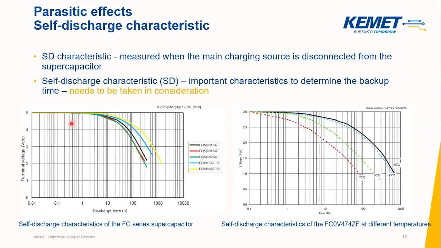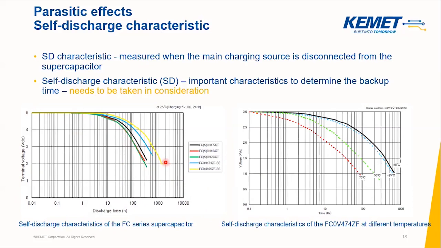We usually provide the self-discharging graphs for the different capacitors and part numbers. It is important to determine the backup time and needs to be taken into consideration. As you can see here, different values can have different self-discharging characteristics. It means the voltage drops over time when you start discharging.